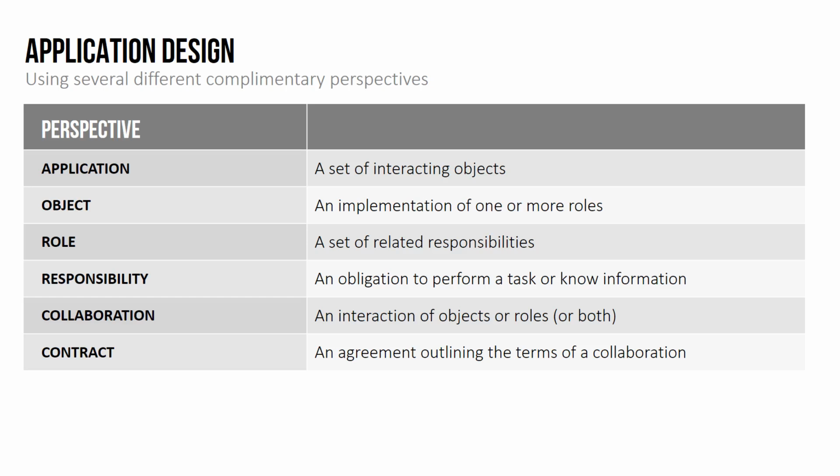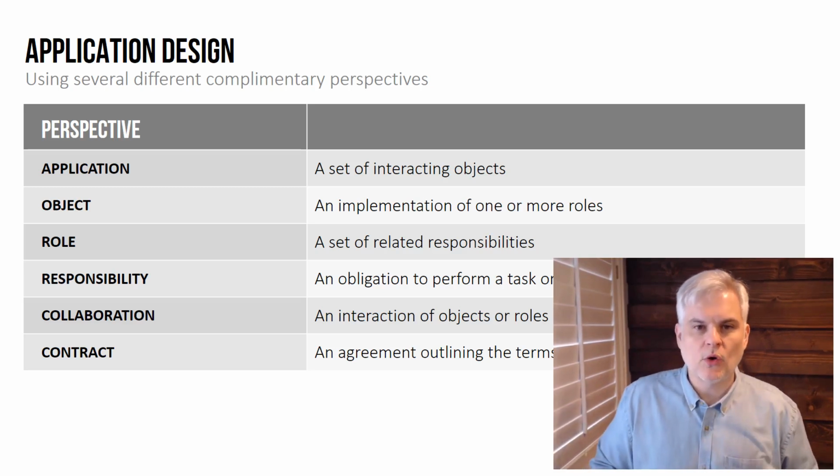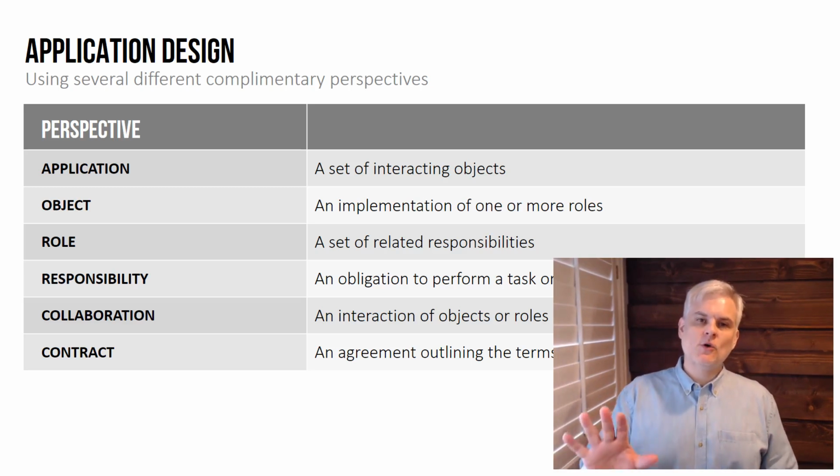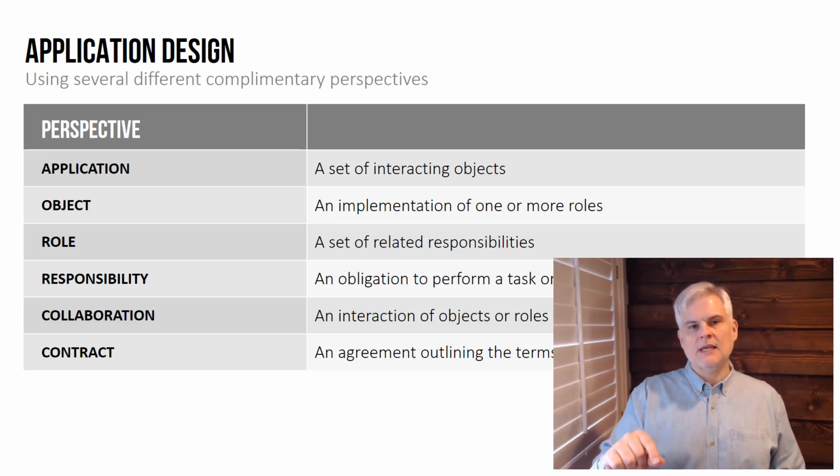And so in this lesson I want to talk about the last two there that I pointed out, the ones in the middle, a role and the responsibility. So like the chart said, each object plays a role, it plays a part of a larger conceptual machine. In other words, we delegate one or more responsibilities to an object, and it now has the obligation to take care of that task or to hold that information.